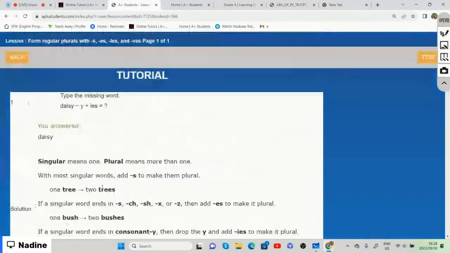So now we need to type the missing word, daisy plus ies. Remember we said that if a word ends in y, we drop the y and we add ies.